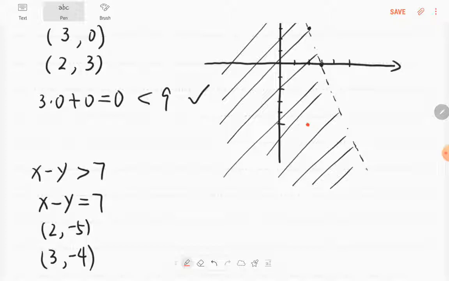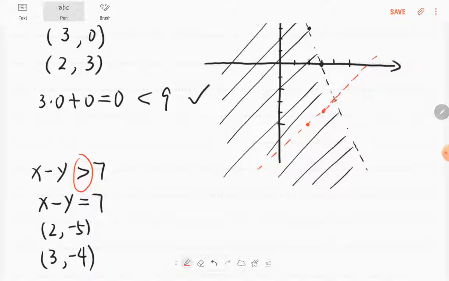Because this is greater than, not greater than or equal to, so this line should be a dashed line.